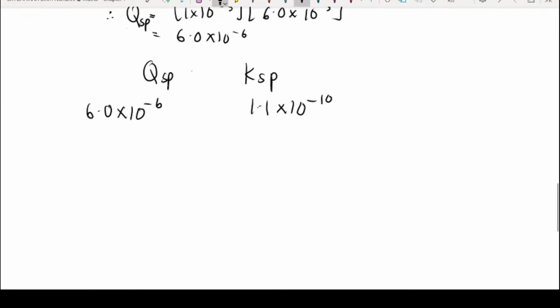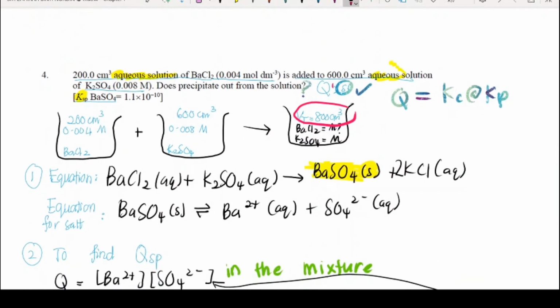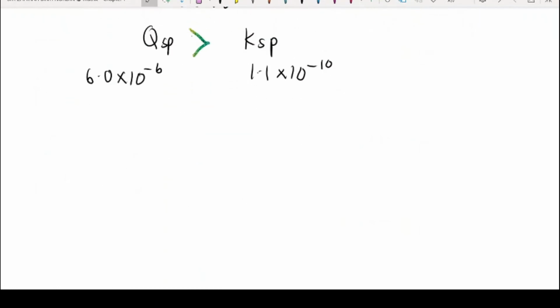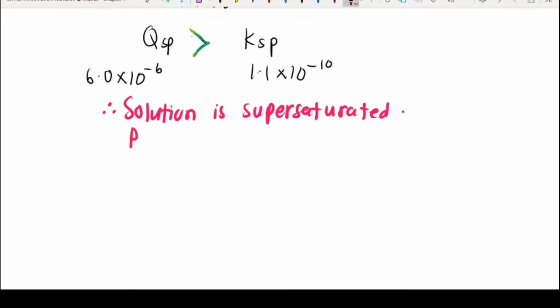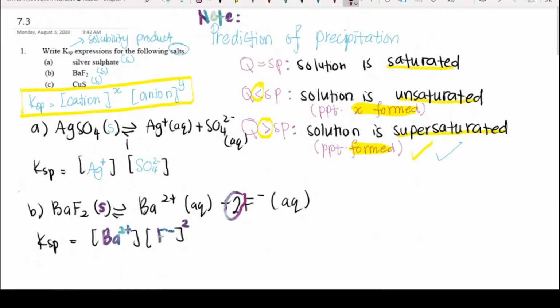So Qsp is greater than Ksp. So that's what we want. I've already told you before, when Q is greater than Ksp, your solution is supersaturated. So precipitate will be formed. Okay, class, please make a correction on the notes. Just add Qsp, and this would be your Ksp.